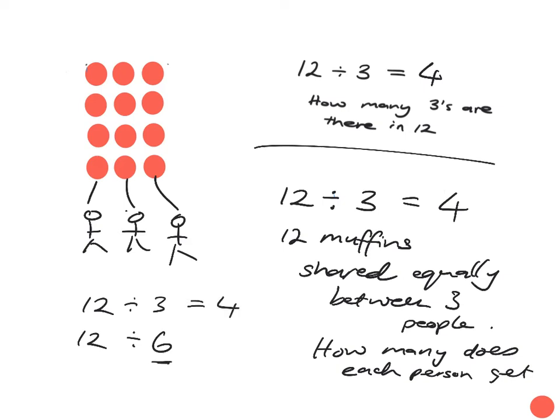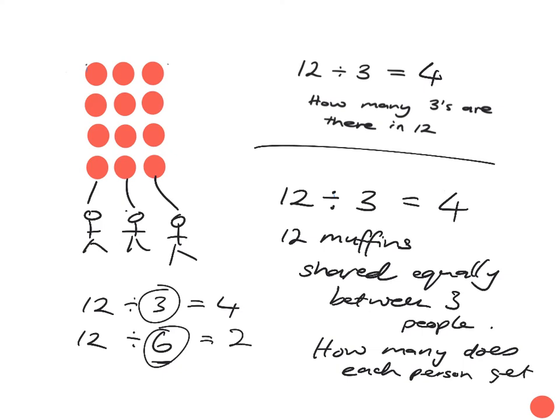I am sharing those muffins with a whole lot more people. Where am I going to be happier? Where am I going to get more muffins to eat? Obviously, if there are only 3 of us who are going to share the muffins, versus 6 of us, we're going to get far fewer each. And in fact, 12 divided by 6 is just 2, right?